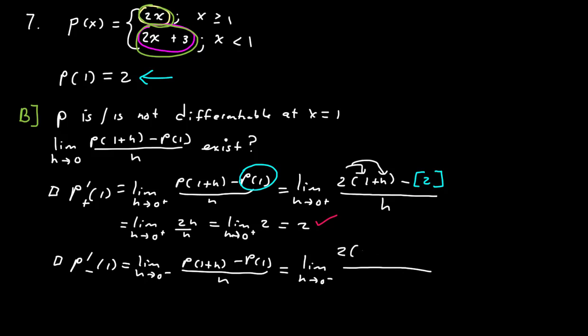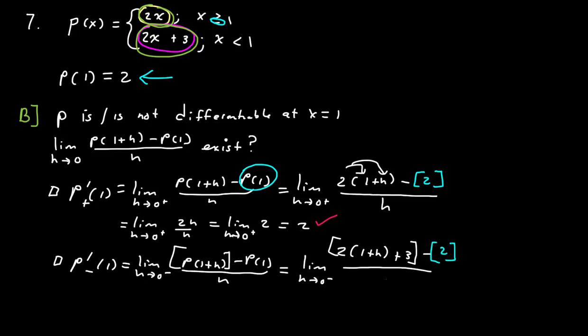So that's going to be 2, 1 plus h plus 3. I'll put a bracket around this to correspond with a bracket around this. And then this second part, p of 1, does not plug into the bottom, because when we have equals, it always plugs into the top. So that's why this stays 2.